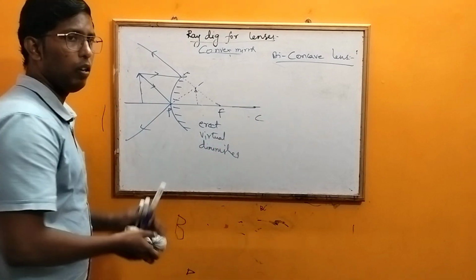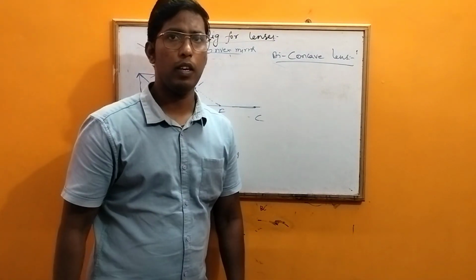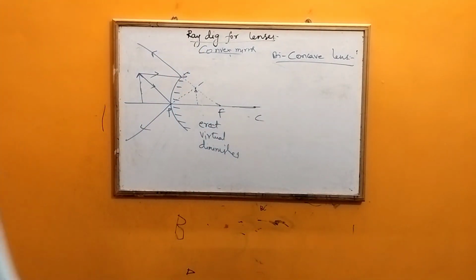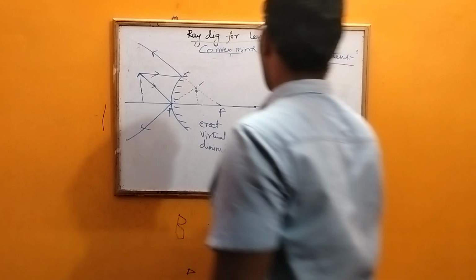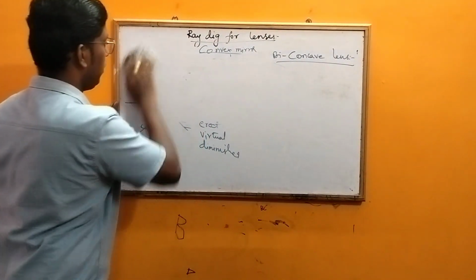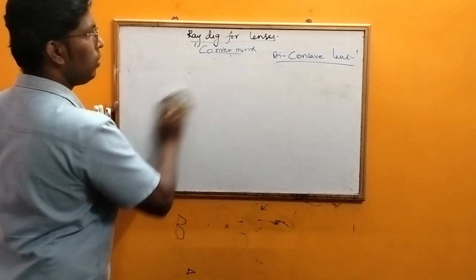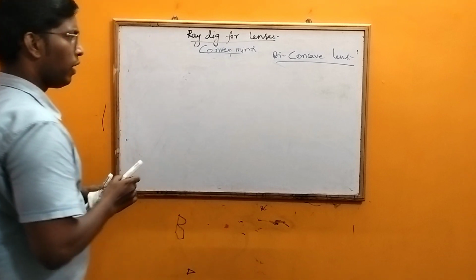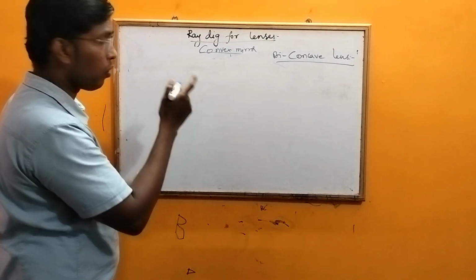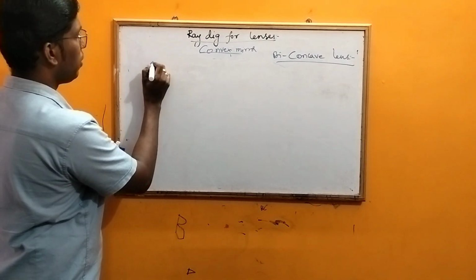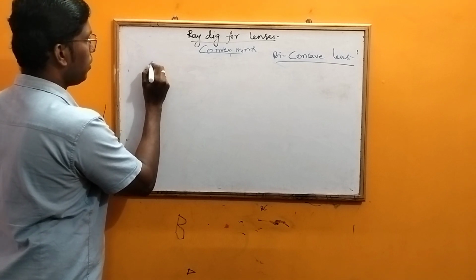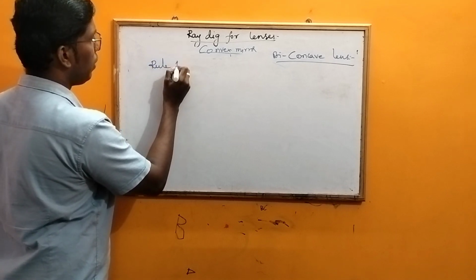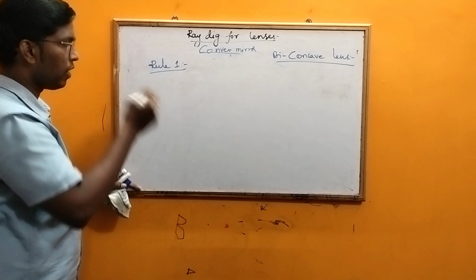Okay, let us draw the ray diagram for biconcave lens also. So convex mirror is done. Now concave lens. Again, the lens rule for convex lens I have explained already. Same way, even for rule one or case one.